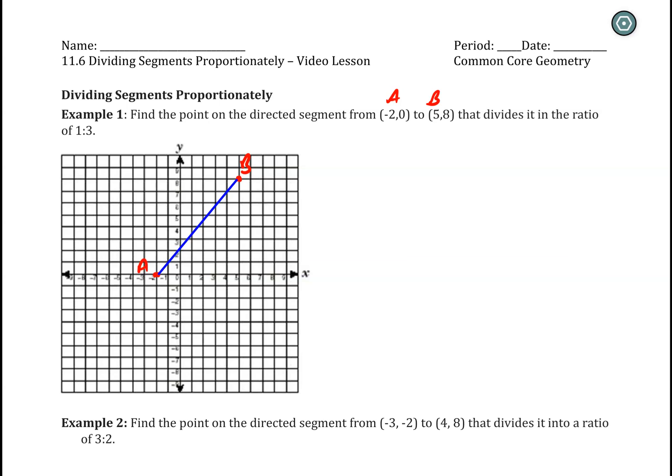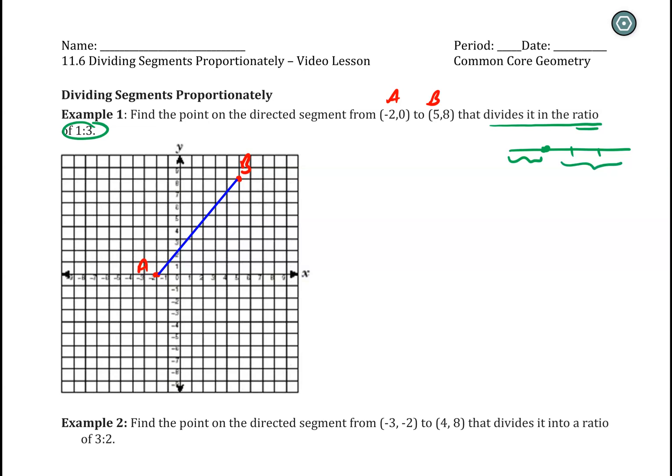So there we go. The question is saying that it divides this line segment into a ratio of 1 to 3. So I want to find a point that breaks this up so that I have one piece on the left side and 3 pieces on the right side. Mentally visualizing that, I want to find a point so that this is one section, and that I've got 3 equal sections over here.